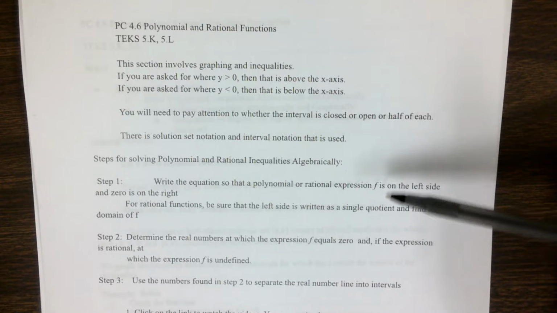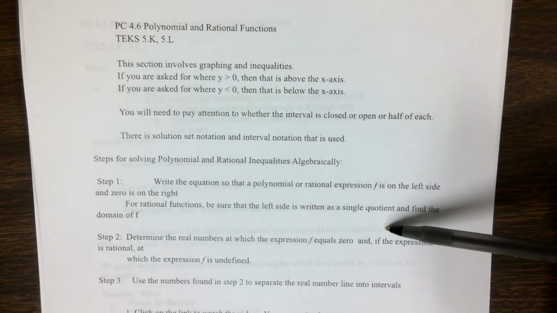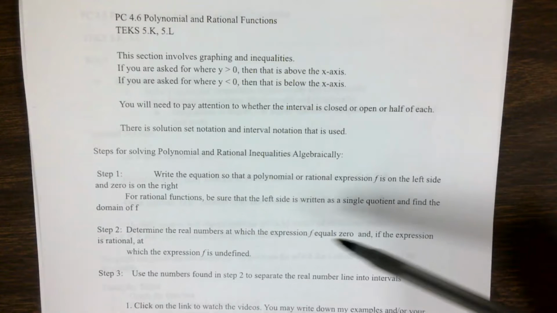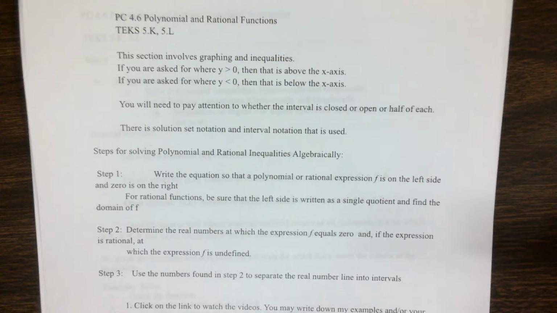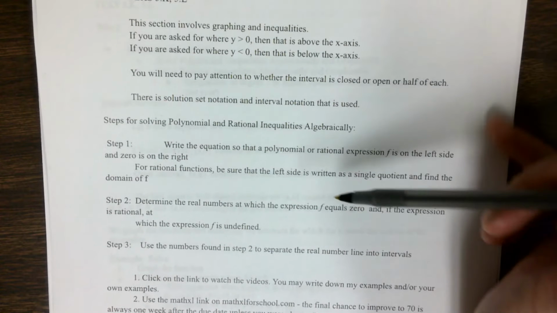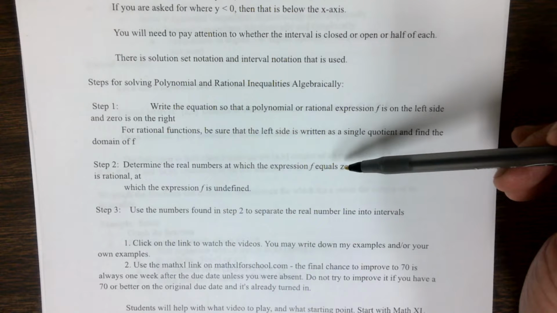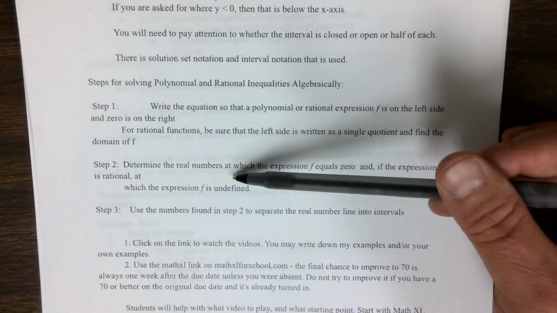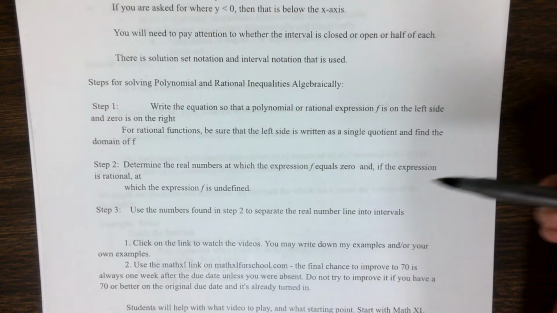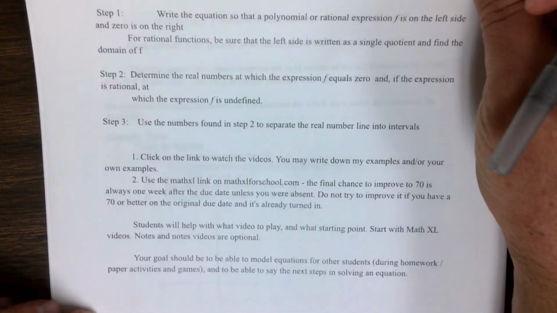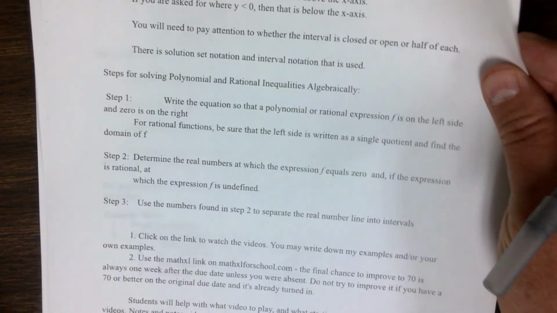Be sure that the left side is written as a single quotient, which means a single fraction, and find your domain. So on that, we usually set your denominator equal to 0. Step 2, determine the real numbers at which the function equals 0, and if it's rational, where it's undefined. Step 3 is use the numbers to separate them into intervals. That's basically it. Okay, so that's your 3 steps.